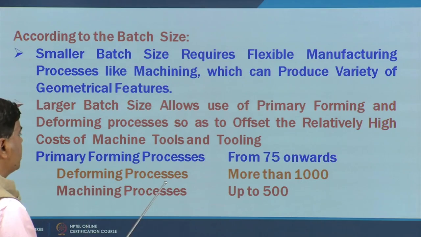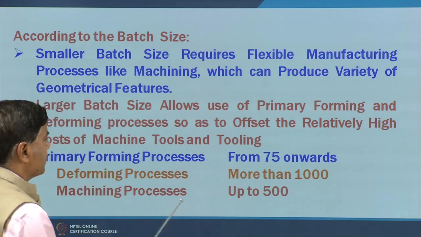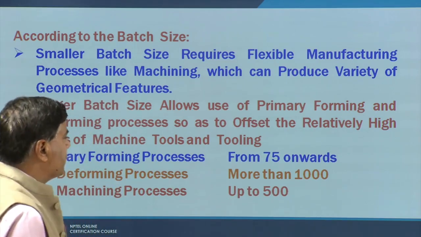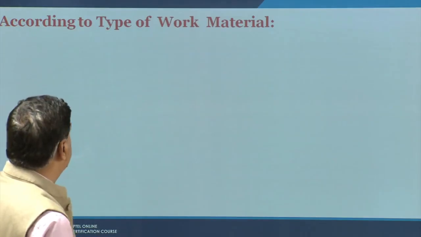Deformation based processes will be used for more than 1000, and machining based processes maximum up to 500, because it is not very economical to achieve that primary shape using machining.